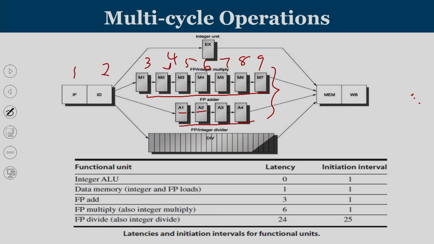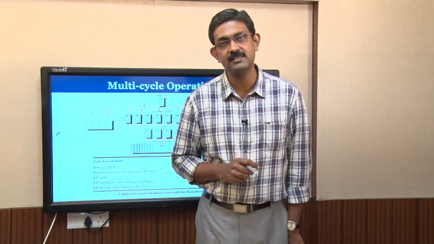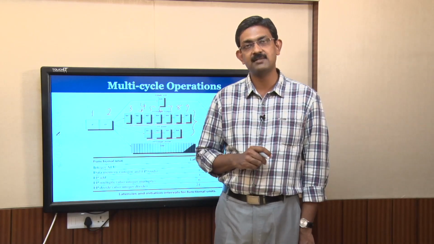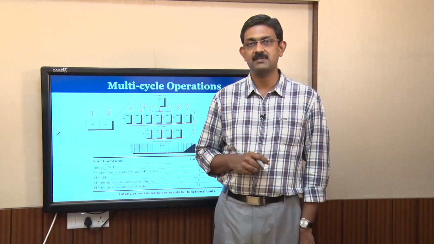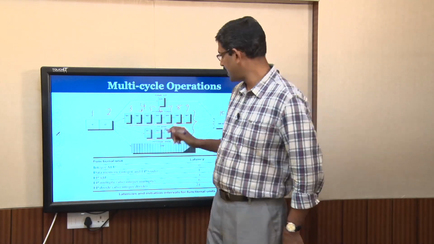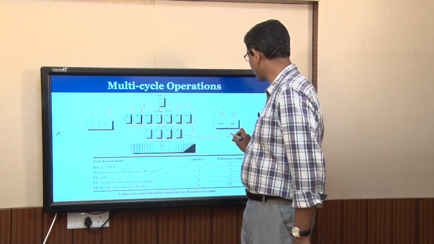At the end of the 9th clock cycle, multiplication is over, and in 10 and 11 you will complete the remaining 2 stages of mem and write back. So, essentially your multiplication operation will take 11 clock cycles, whereas all the instructions we have seen in our last lecture, which are basically integer instructions, get over in 5 clock cycles. If you consider this case, then our adding operation will get over in 8 clock cycles.